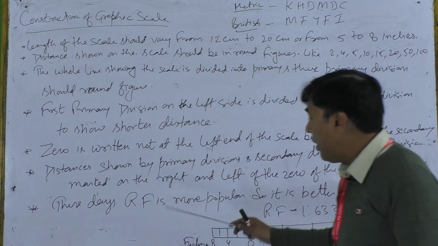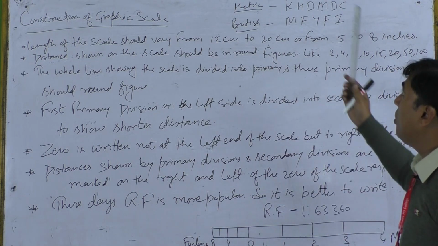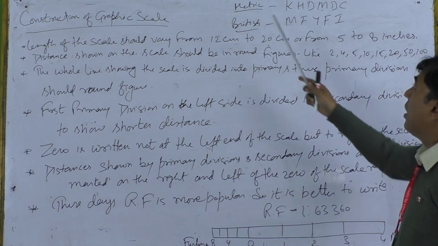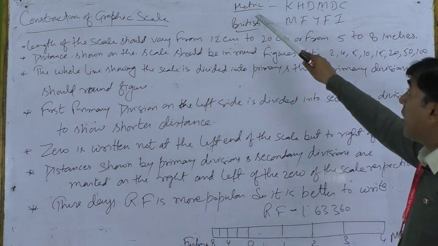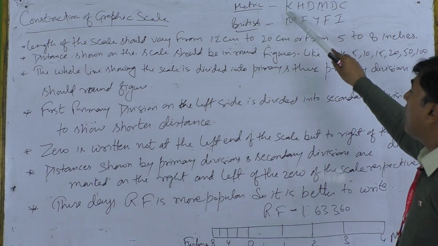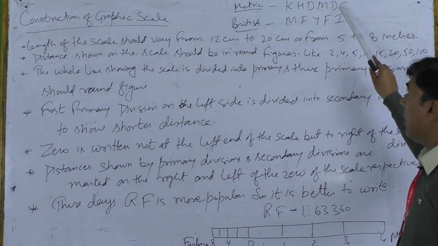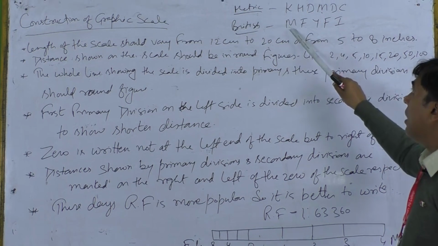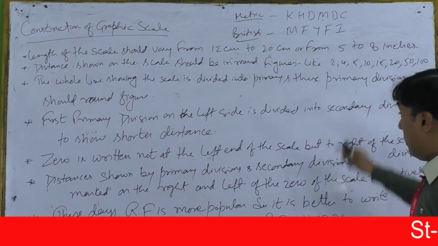Now, when we use any type of scale, we should use some units. In our country India, we use metric scale or British scale. What is it? Metric scale means kilometer, hectometer, decameter, meter, decimeter and centimeter. And in British scale, mile, furlong, yard, feet and inch.